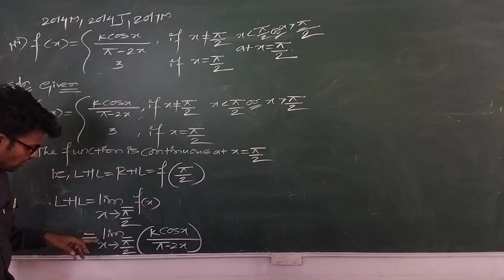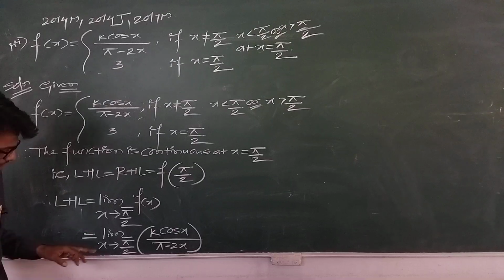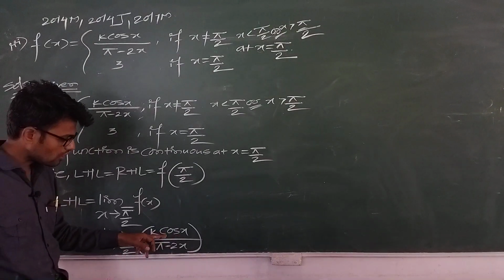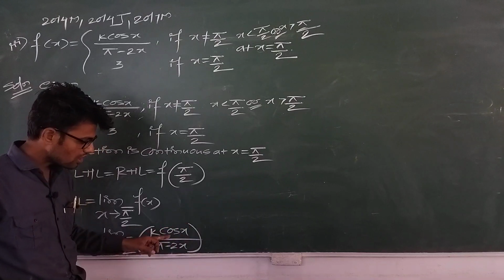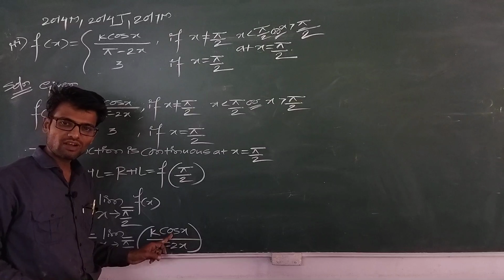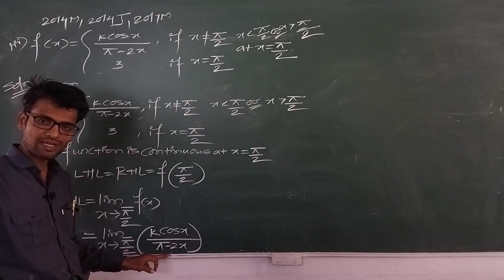Now see, you drop the limit and take the value of x as pi by 2 in this one. See what it becomes. So you will get k into cos of pi by 2. K into cos pi by 2 means cos 90, and cos 90 is what? 0. Right. Next, pi minus 2 into pi by 2: the 2s get cancelled, pi minus pi is 0.